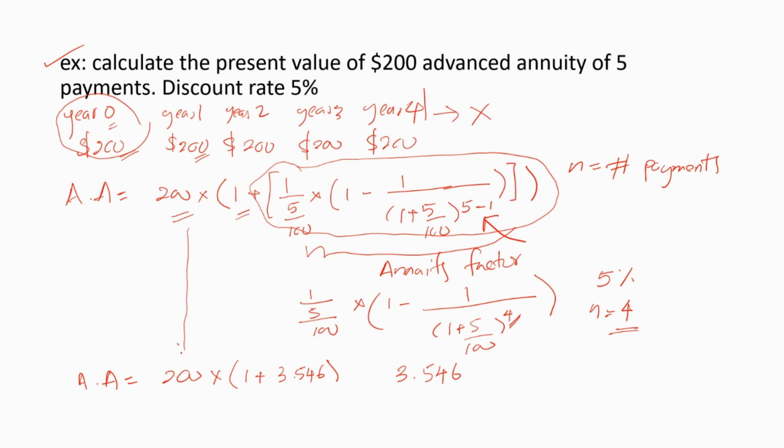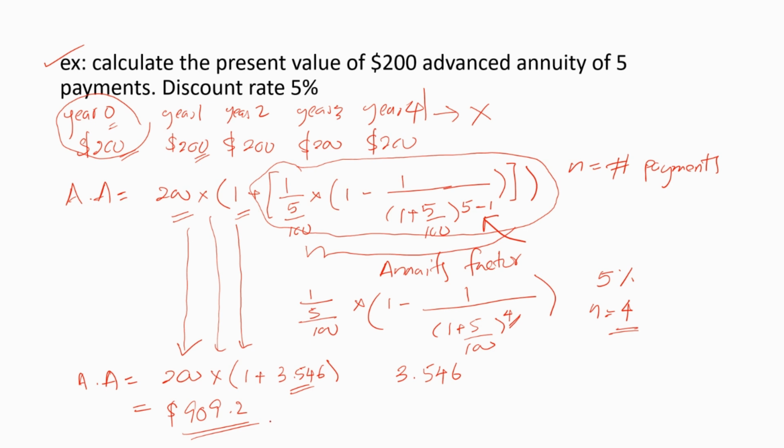So this is 200 multiplied by parenthesis 1 plus the annuity factor. Annuity factor is this. So now we can simply calculate the advanced annuity. So this equals 909.2. This is the advanced annuity. This is the answer.